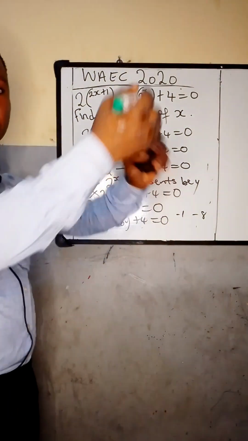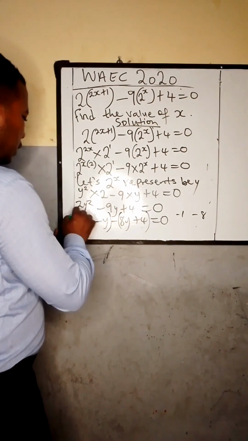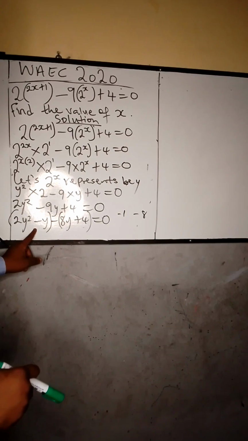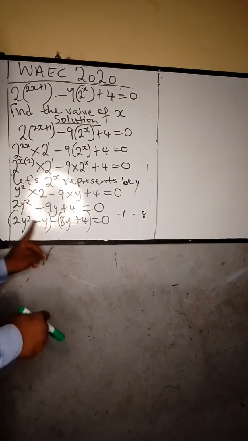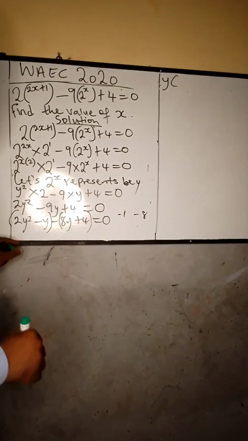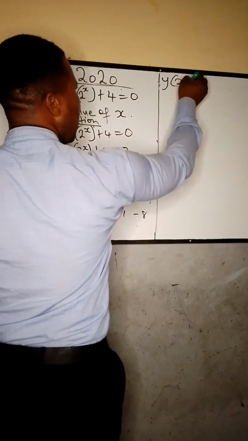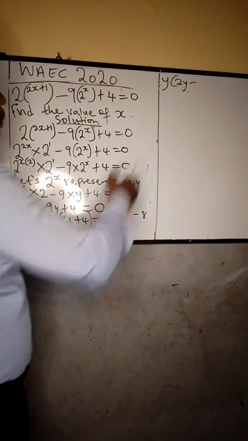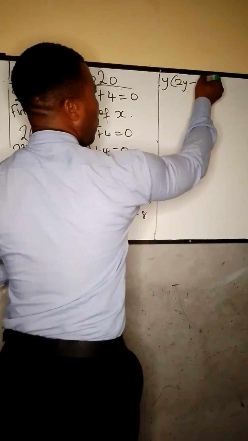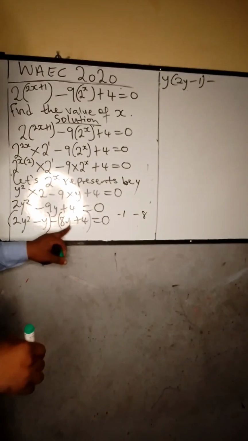Okay, let's continue. There's progress. Now, we factorize this as well. You can see here 2y squared minus y. Here we take y: 2y squared divided by y is giving us 2y, minus y divided by y is giving us 1. Minus sign. What's common in 8y plus 4?